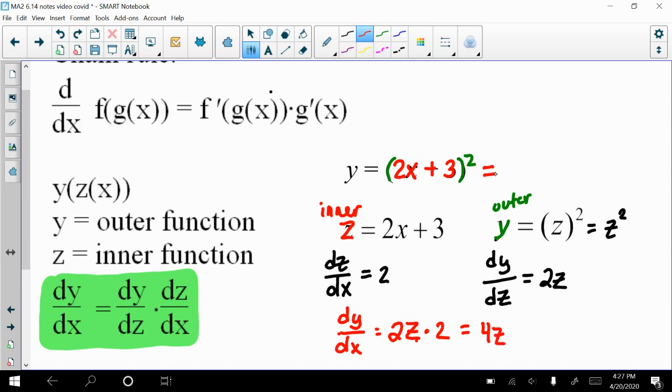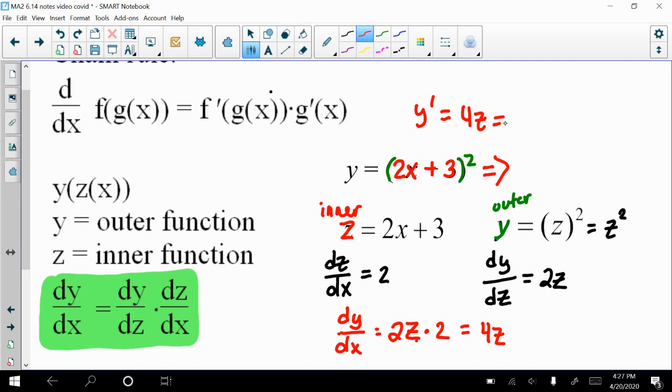But wait a minute, if I go back here, right, if I say, hey, I want the derivative of y, I want to know what y prime is, and then I say, oh, the answer is 4z, wouldn't that be confusing? Because we just said that y was (2x plus 3) quantity squared, and then I come out and say the derivative is 4z. Because if someone told me that, I would wonder, what are you talking about? Where did the z come from? My function was a function of x.